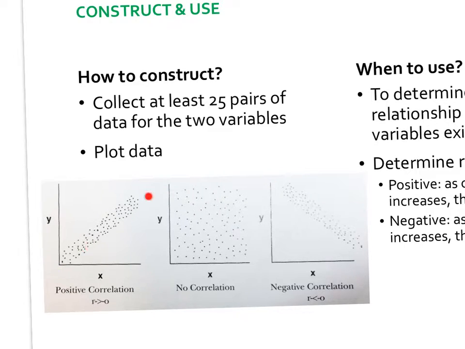In this case, you have what's called a positive correlation. In this place, you have a negative correlation. So basically, as something is increasing, the amount of effect is increasing as well. As something is increasing here, the amount of effect is decreasing. So it's to be able to determine if there's a relationship that exists. And in this case, when you see all of those data points plotted, you can say, hey, this is completely random.